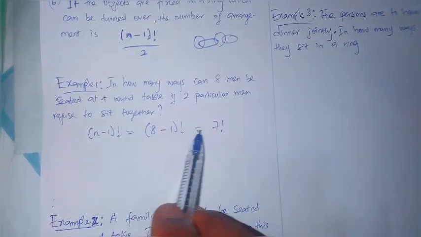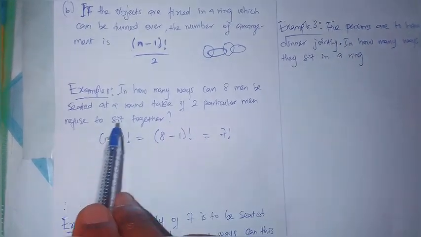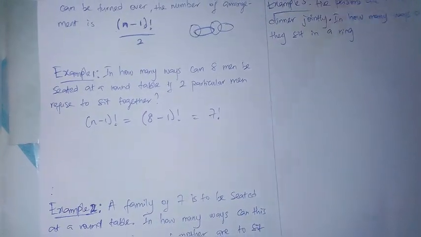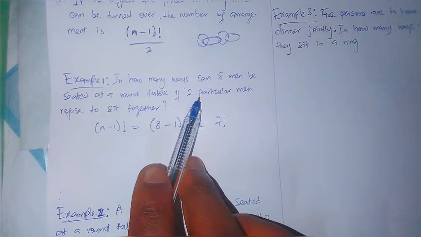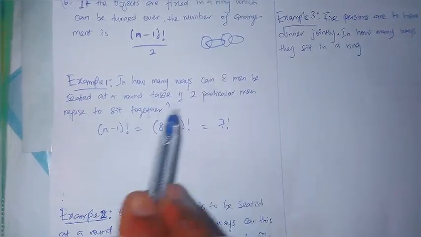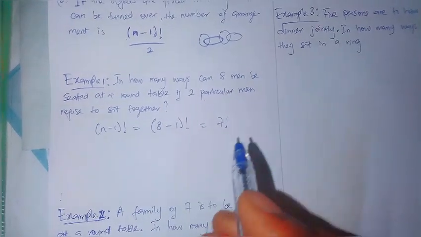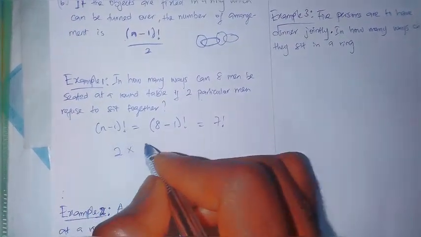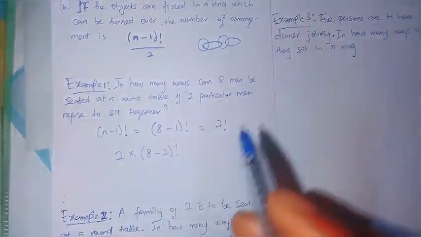Now, this represents the first statement, and now if 2 particular men refuse to sit together, what will my permutation look like? Assuming they decide to sit together, it becomes these 2 men times (8-2)!.